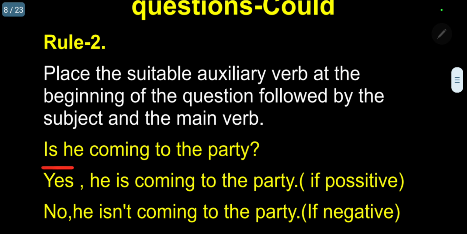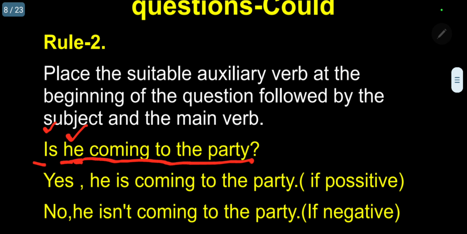The question is, he coming to the party? Listen to me, here the verb coming is the main verb, so it is a primary auxiliary verb. And he is the personal pronoun, third person singular.